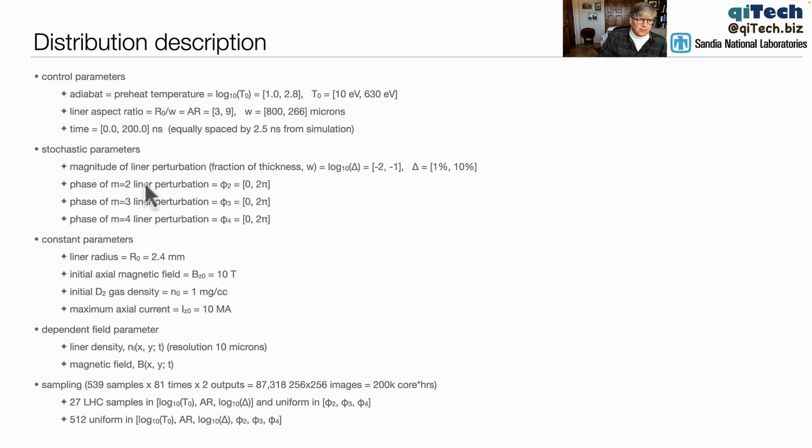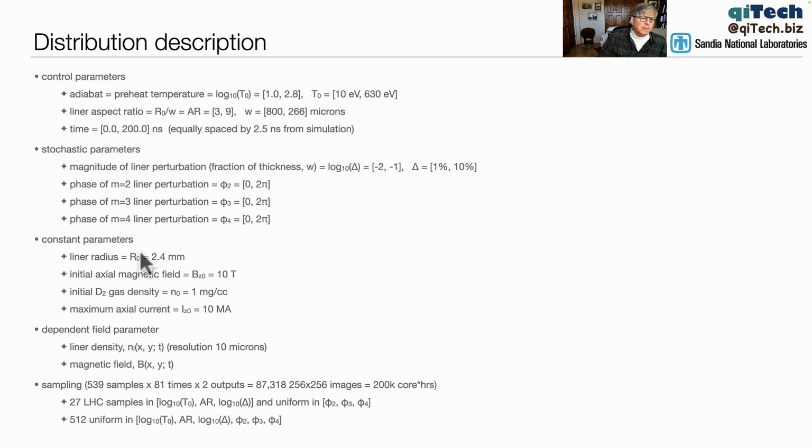The randomly sampled stochastic parameters were the magnitude of the liner perturbation, which was sampled logarithmically from 1% to 2% of the thickness, as well as the phase of the M=2, 3, and 4 azimuthal perturbations. They were sampled uniformly.